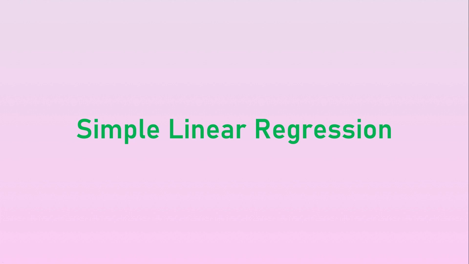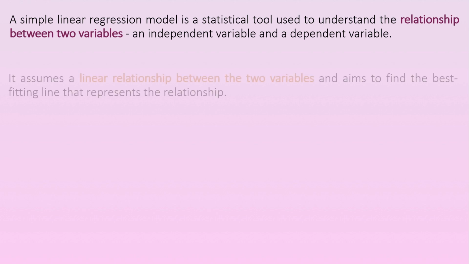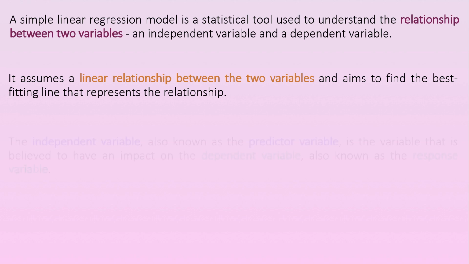Simple linear regression. A simple linear regression model is a statistical tool used to understand the relationship between two variables, an independent variable and a dependent variable. It assumes a linear relationship between the two variables and aims to find the best fitting line that represents the relationship.